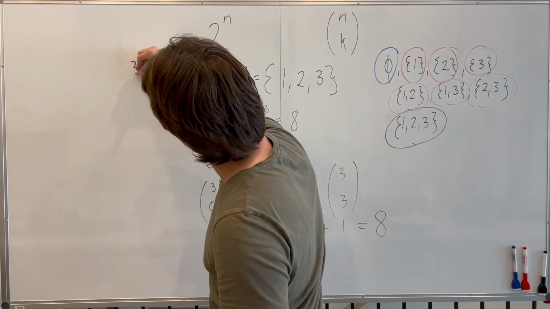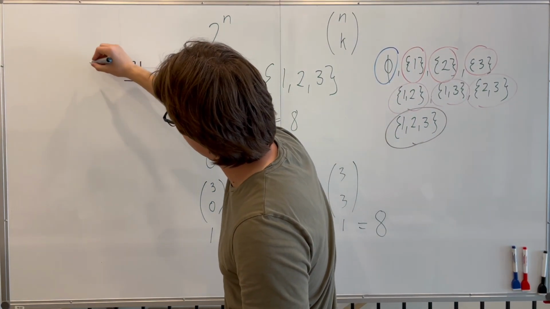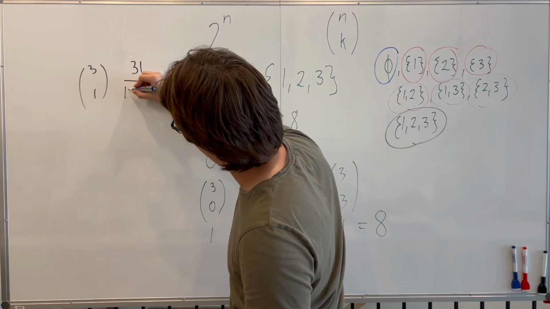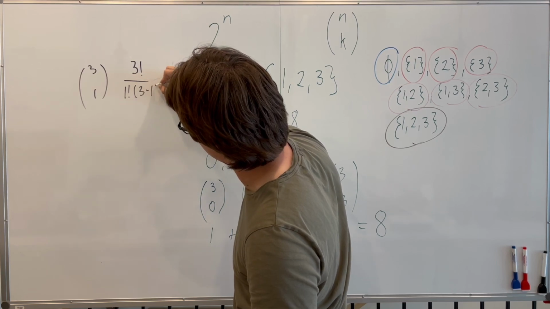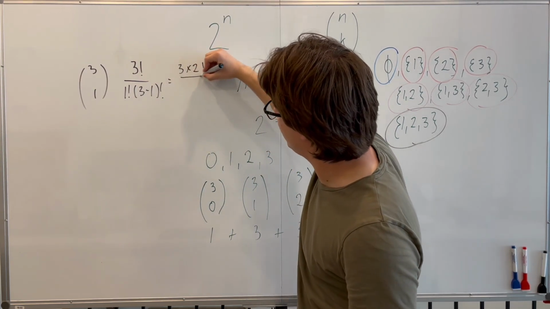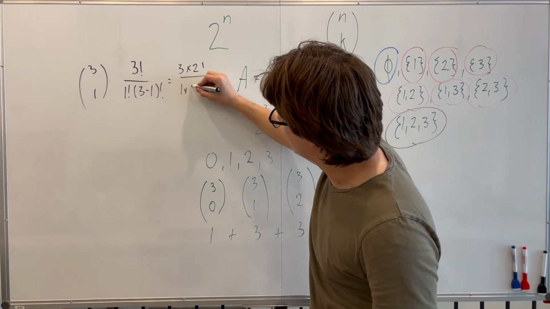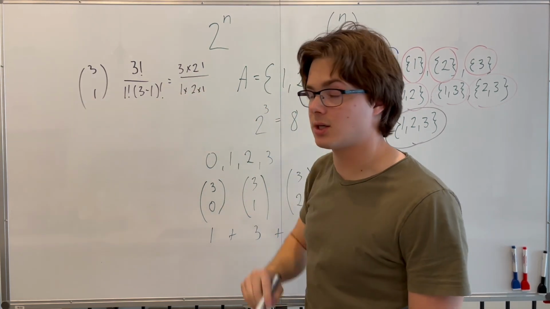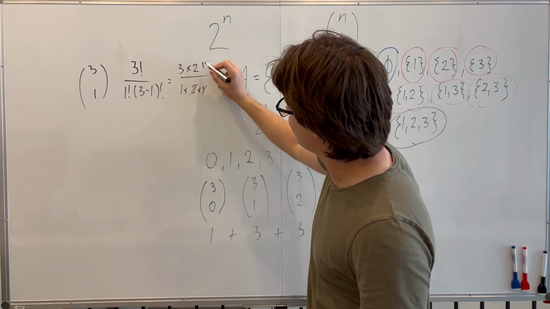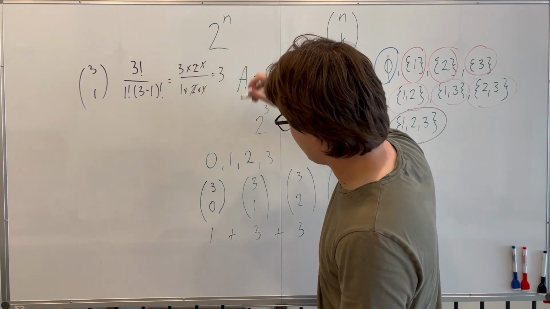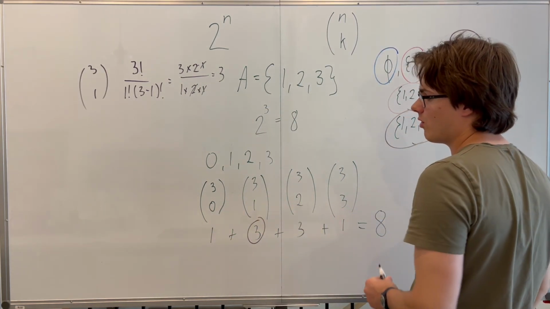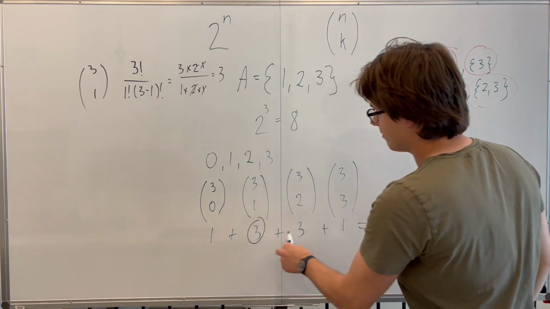So 3 choose 1 is the same as 3 factorial over 1 factorial times 3 minus 1 all factorial, which is 3 times 2 times 1 over 1 times 2 times 1, because 3 minus 1 is 2, and 2 factorial is 2 times 1. The 1 and the 2 cancel up top, and we get 3, which is exactly the number we got here. You can do the exact same thing with all of these and get these numbers down here.